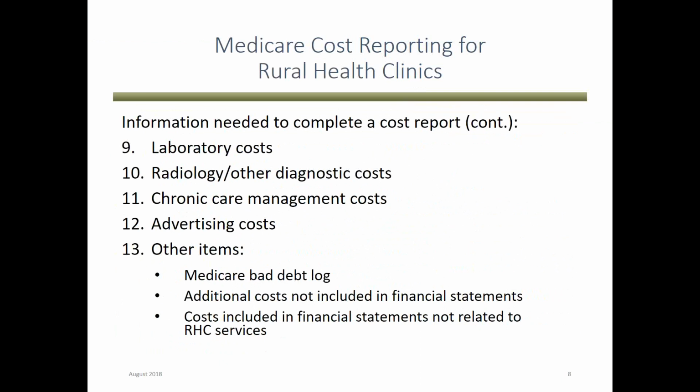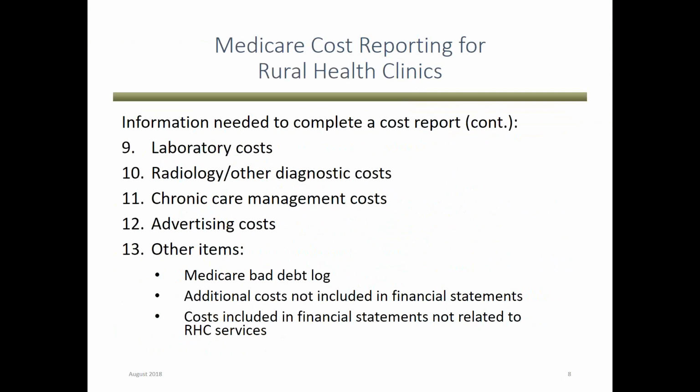Other items required for completion of the Medicare cost report include a Medicare bad debt log for any uncollected coinsurance and deductibles for Medicare beneficiaries related to rural health clinic services.